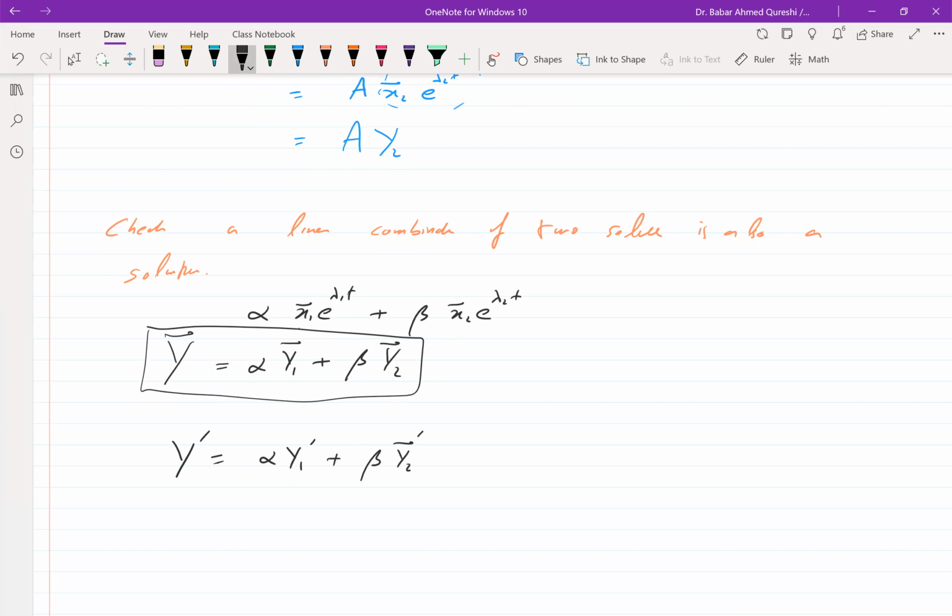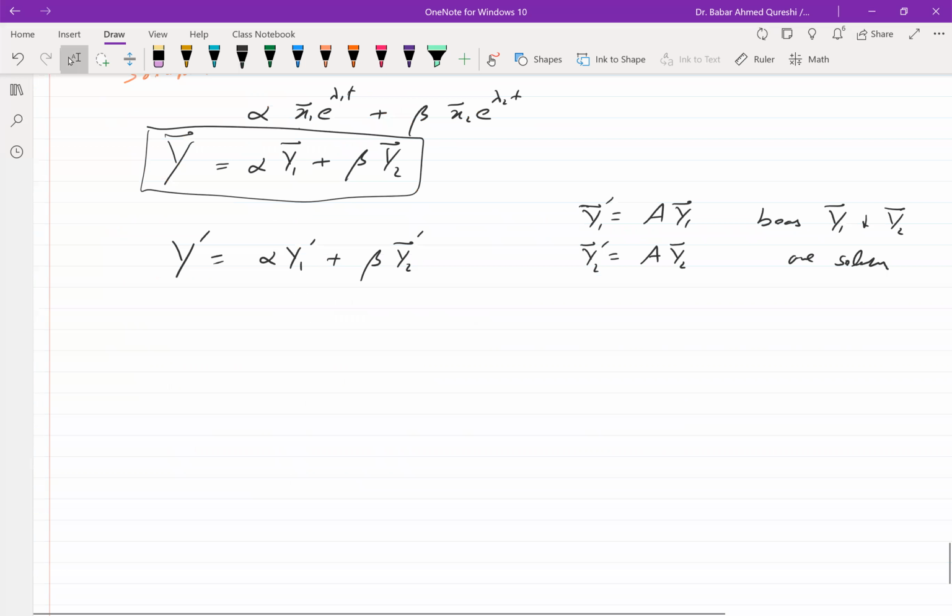Since y1 and y2 are solutions, y1 dash is equal to A times y1, and y2 dash is A times y2. So they satisfy my given system of differential equations.